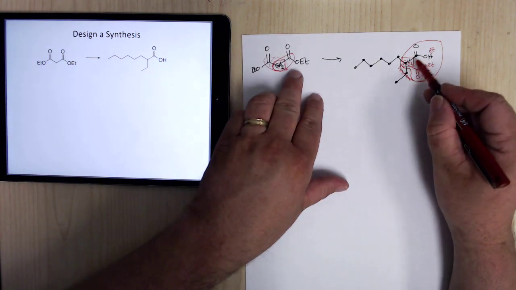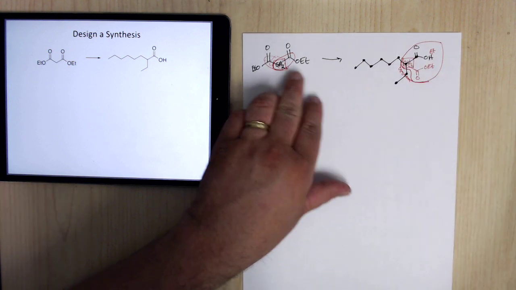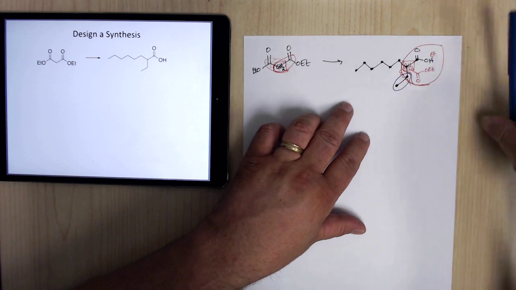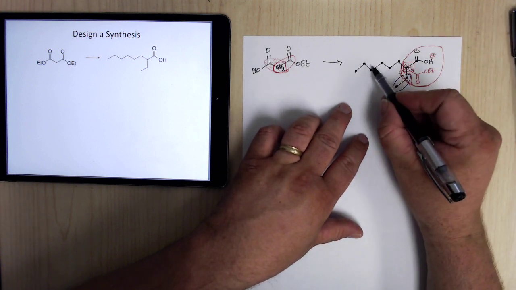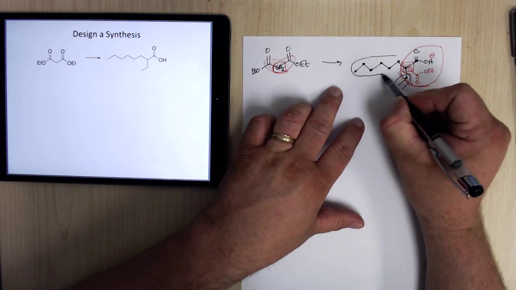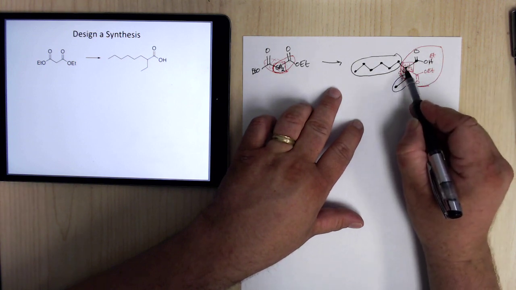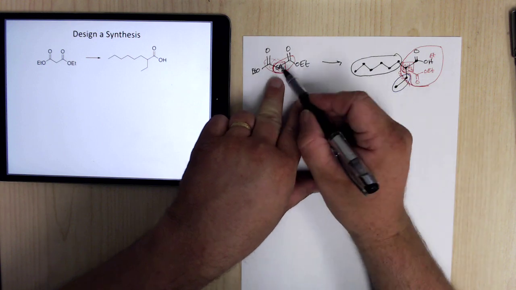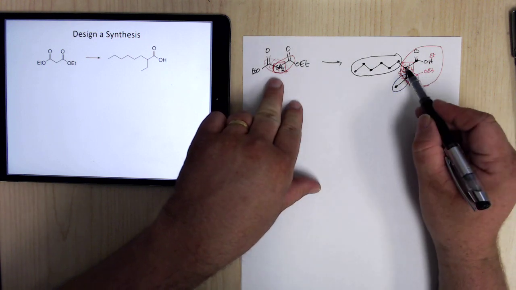That's the only 2 that stick around. So what we need is a 2-carbon piece here and a 1, 2, 3, 4, 5, 6-carbon piece here. This CH2, don't include that in there. That's coming from this malonate. It's right there. Stuff like that.